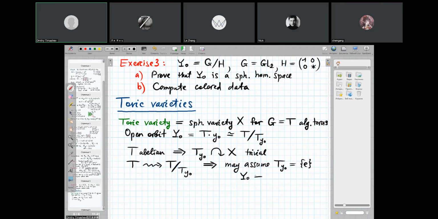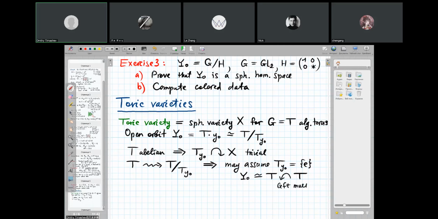can be identified with the torus T itself, on which it acts, so T acts on itself by left multiplication. Well, left or right, this doesn't matter because the group is abelian, but for compatibility with the more general situation, let me write it as left multiplication.